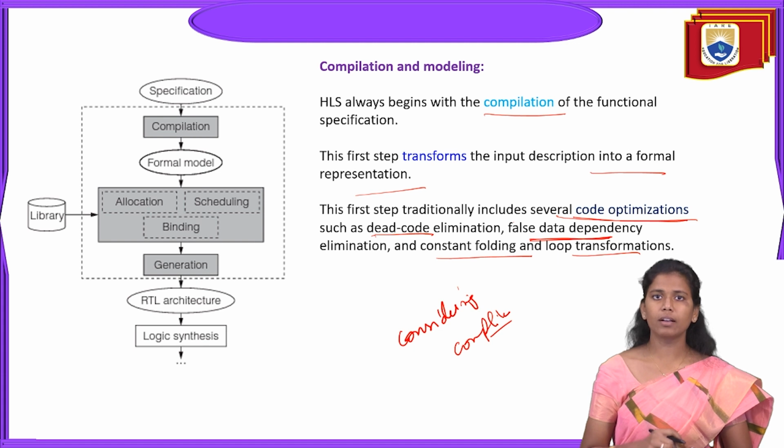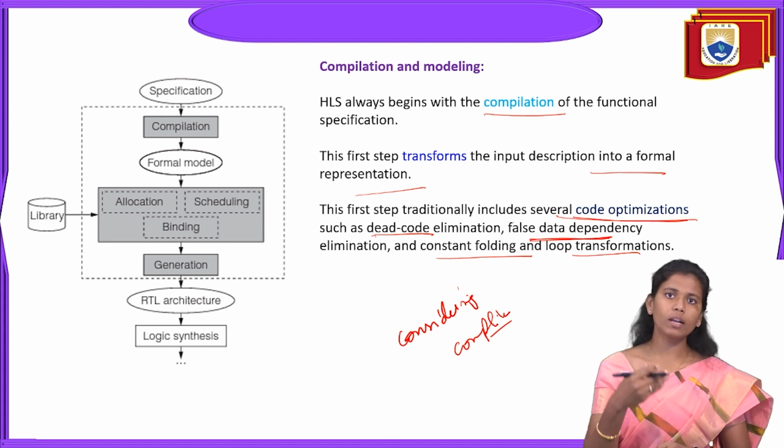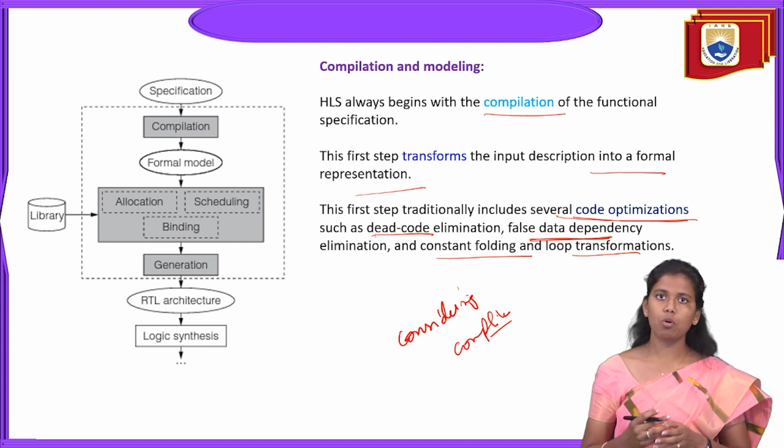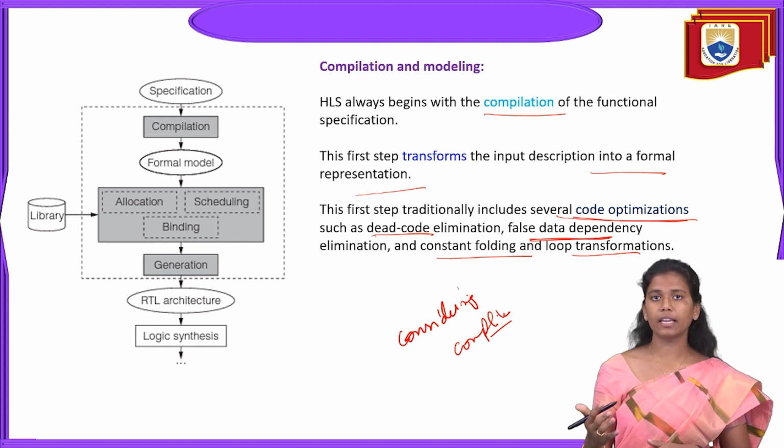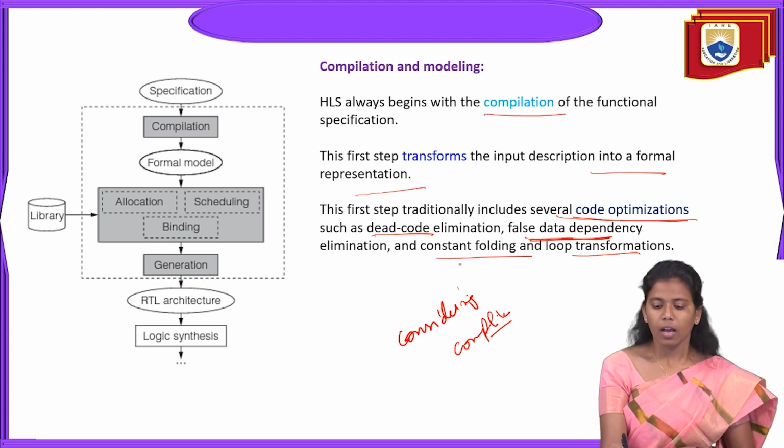When you are compiling the modules, sometimes, without knowing it, some false data can occur in the code. After transformation, we can eliminate this by using false data dependency elimination techniques, and then constant folding and loop transformations.